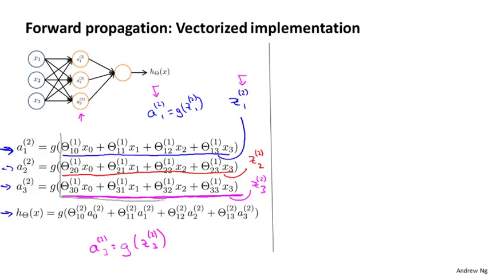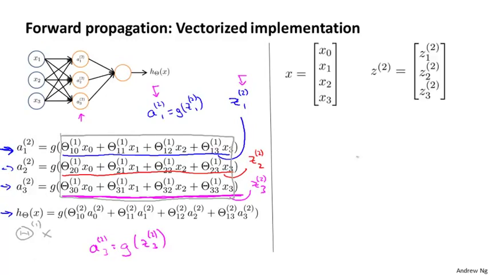Now, if you look at this block of numbers, you may notice that it corresponds suspiciously similar to the matrix vector multiplication of theta1 times the vector x. Using this observation, we're going to be able to vectorize this computation of the neural network.